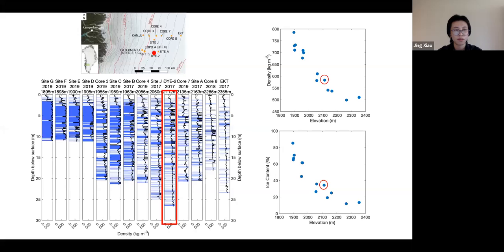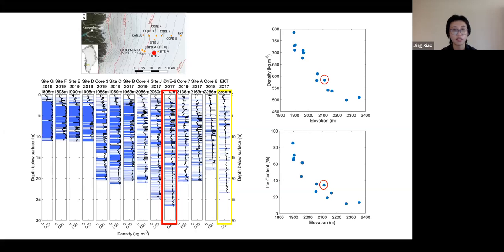Out of these 14 sites, DI2 is located at about the middle, both in terms of elevation and in terms of ice content. Here the red dot shows the location of DI2 on the map. This is actually a quite interesting site. It is very different from higher elevation sites, for example EKT, which has relatively less ice compared to the other cores, and most of the ice layers are very thin ice lenses.